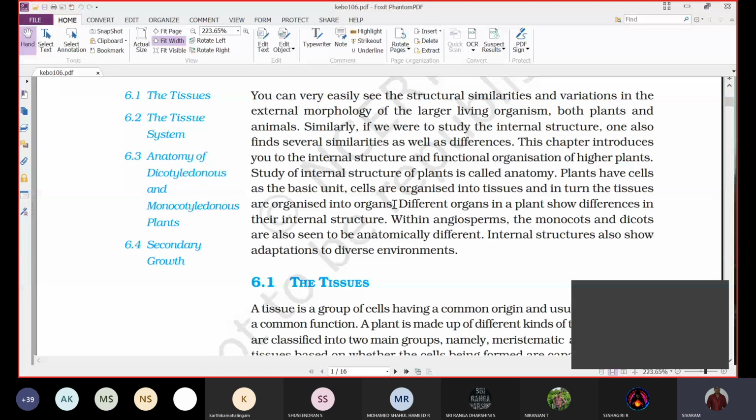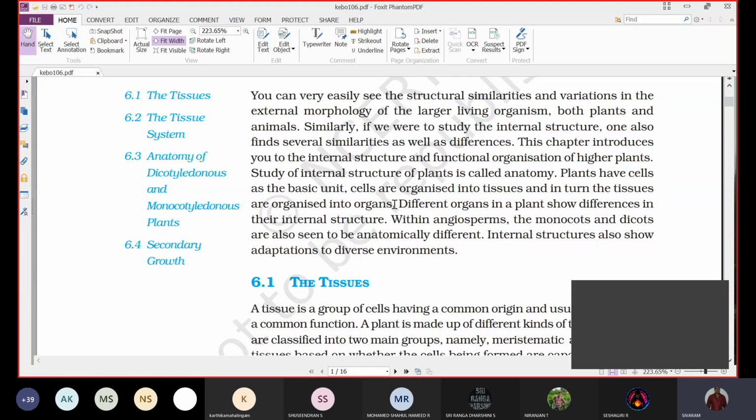So when you observe within angiosperms, the monocots and dicots are also seen to be anatomically different.